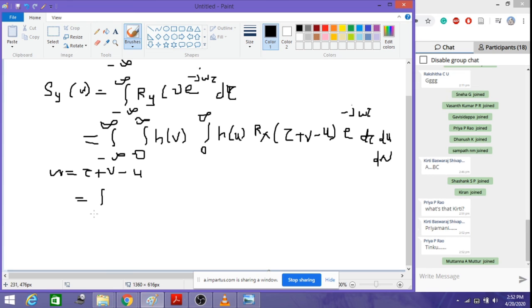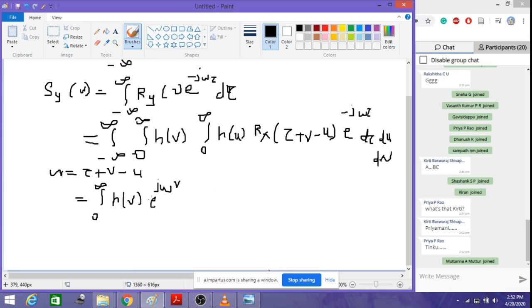Then we have three exponential terms. We have the integral from 0 to infinity of h of v into exponential of j omega v. Here tau will be replaced with w minus v plus u.